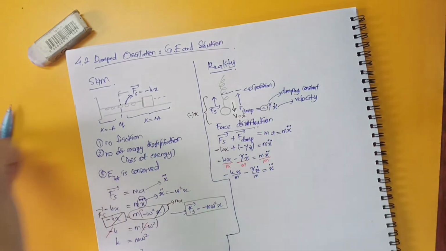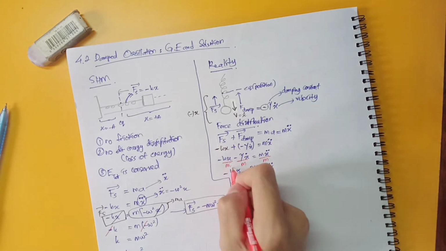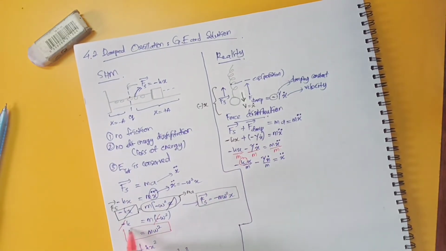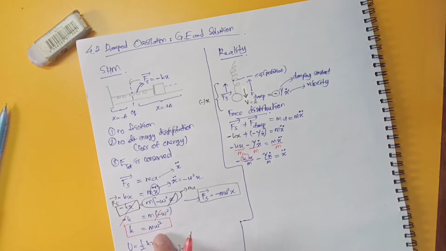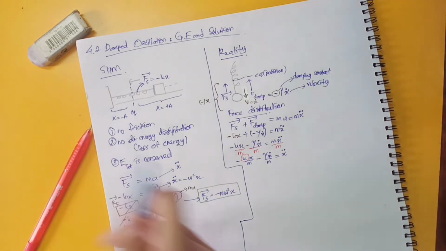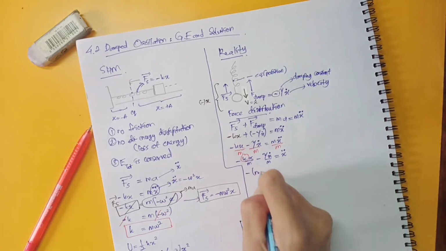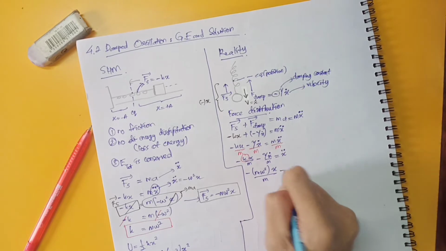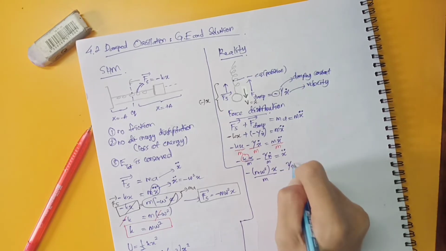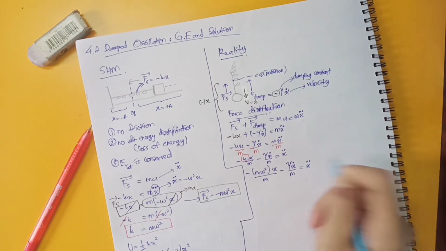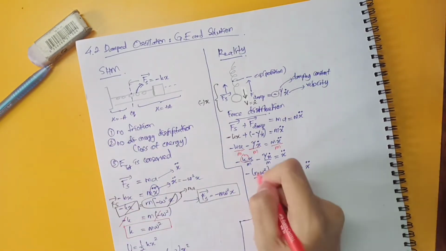Okay, and we know that k is equal to m omega square. So we substitute m omega square into this equation. Negative m omega square x over m minus gamma x single dot over m equal to x double dot, and we cut off the m here.